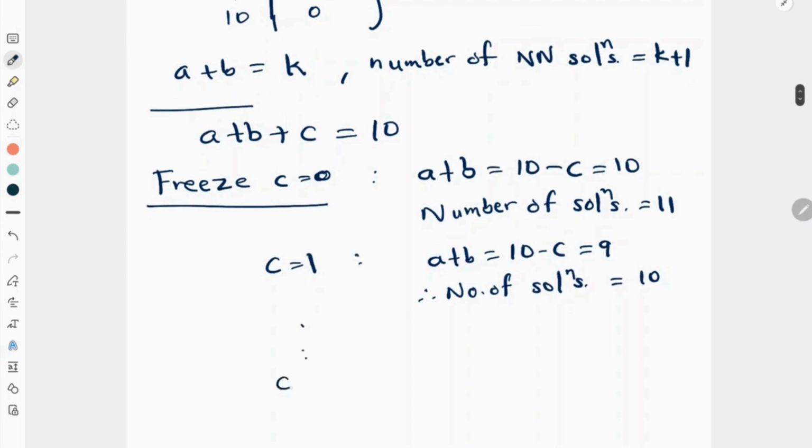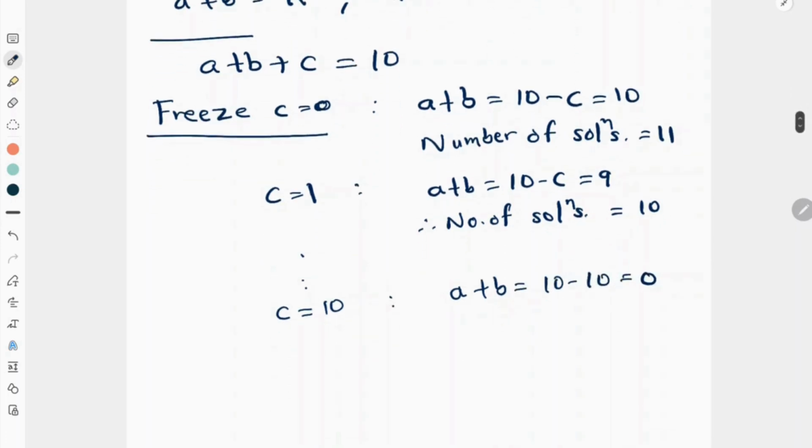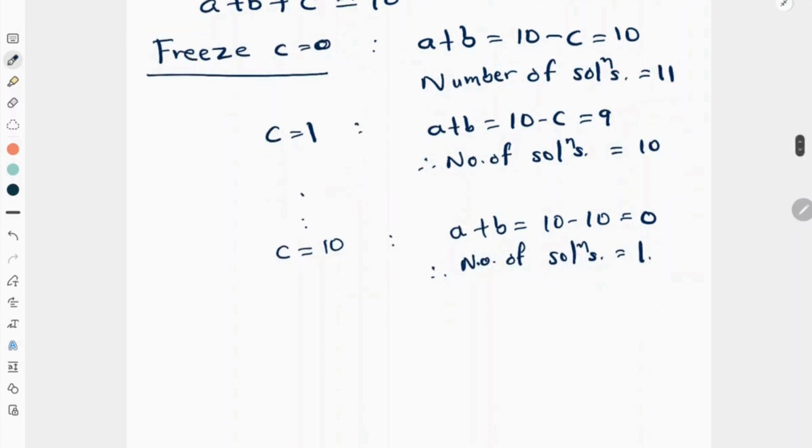So all the way, if I look at c equal to 10, I want a plus b is equal to 10 minus c, which is 10 minus 10, which is 0. So the number of solutions is 0 plus 1, and also intuitively it makes sense that a equal to 0 and b equal to 0 are the only possibilities here. The number of solutions is equal to 1.